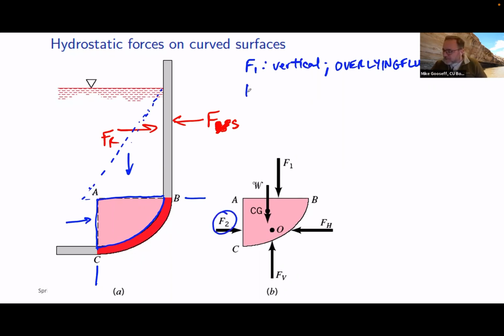Okay, so F2 we're going to represent here as being horizontal, and that one is going to be due to the fluid next to us. I'm just going to say adjacent.